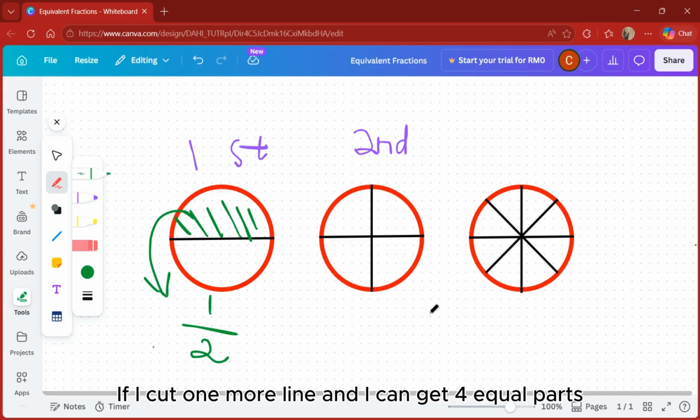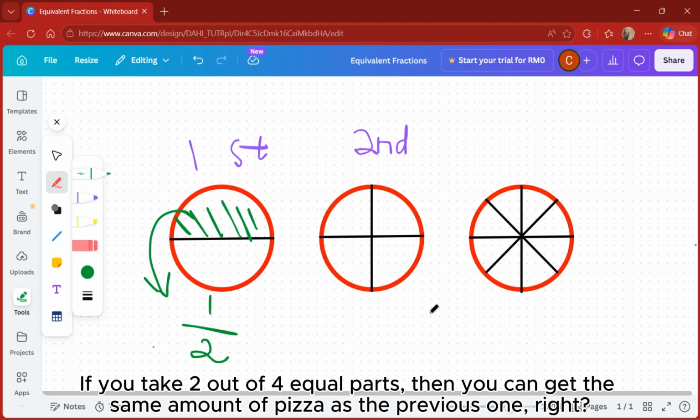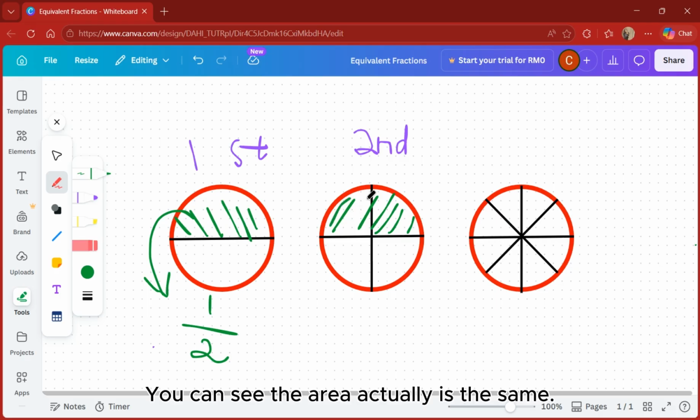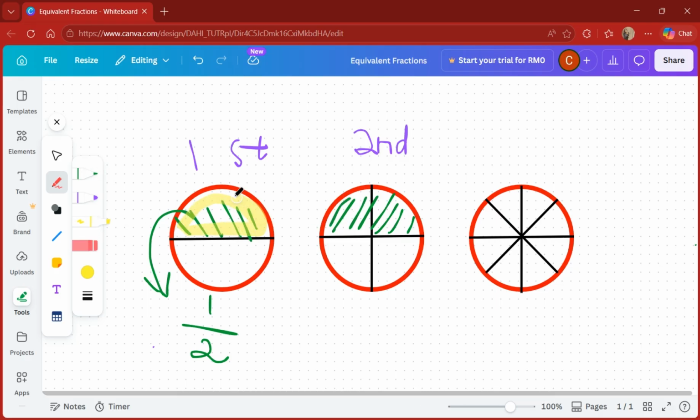Now, if I cut one more line, I can cut 4 equal parts. If you take 2 out of 4 equal parts, then you can get the same amount of pizza as the previous one, right? You can see the area actually is the same. This is the same amount.